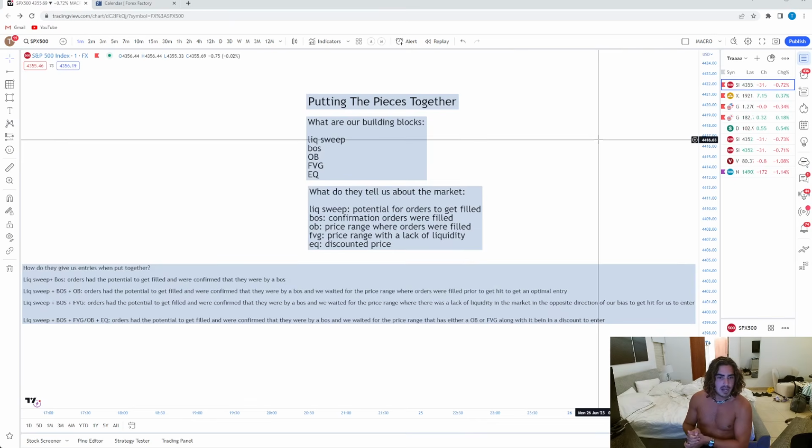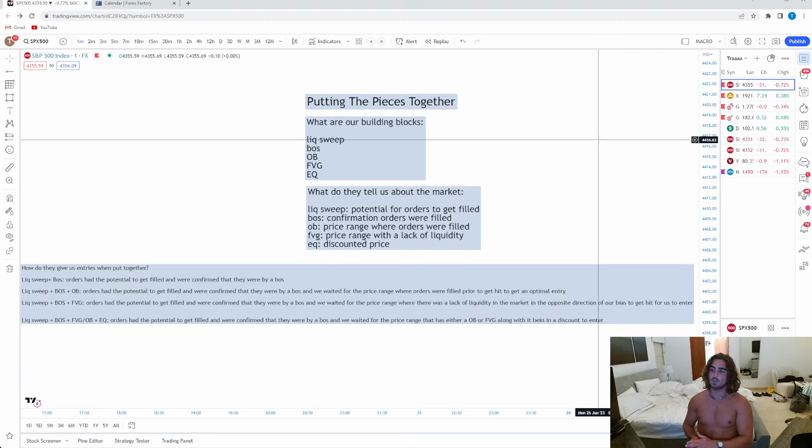Moving forward, another way to enter while putting these together: liquidity sweep, then break of structure. Let's say we don't like the risk to reward that gives us. What is our first retracement tool that we always look for? That first retracement that we could get. Order block, okay?